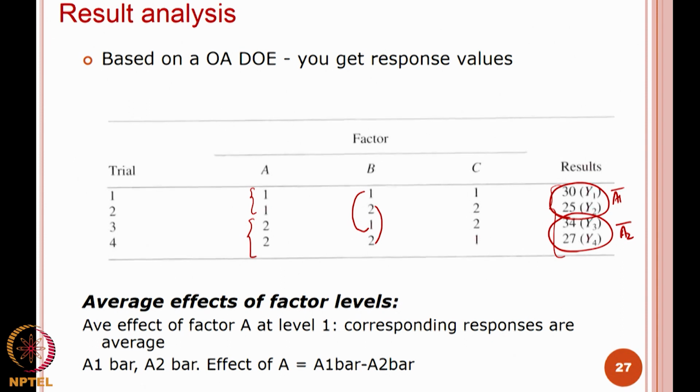Now, in terms of using the information, what do you see as the difference between that previous approach and this approach? There, how many experiments did you conduct? 4. Here, in computing the effect of A, how many experiment values are you taking? For the effect of B, how many experiments are you taking?